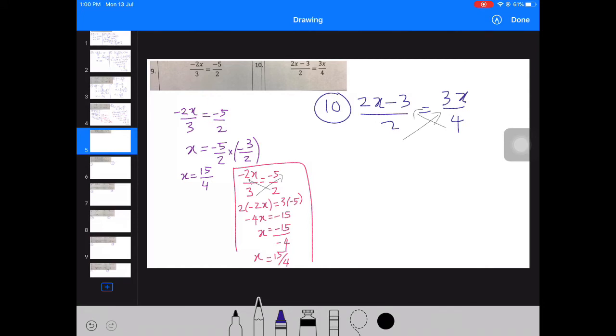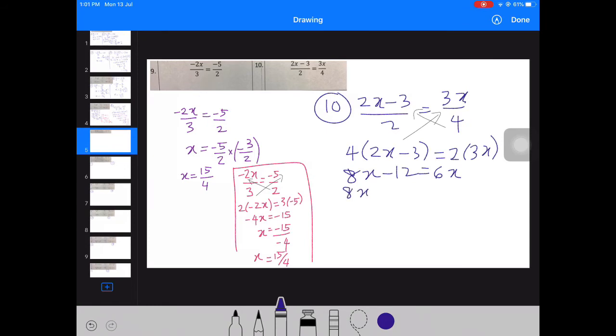Okay, so 4 multiply 2x minus 3 equals to 2 multiply 3x. So leaving you with 4 times 2 is 8x minus 12 equals to 6x. Only after you expand the bracket can you group the like terms.